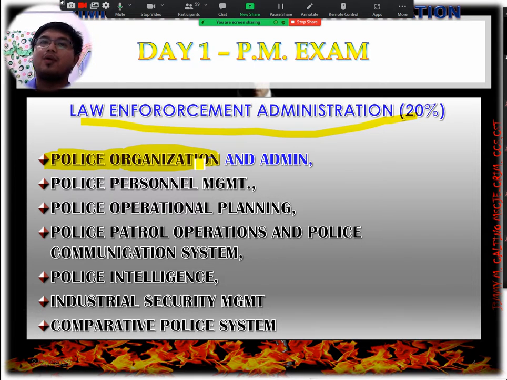You remember there. Administration and police personnel management. On police personnel management and its administration, you remember here the process and procedures, no? Process and procedures, meaning to say, dapat natatandaan nyo agad dyan yung from the time you apply.